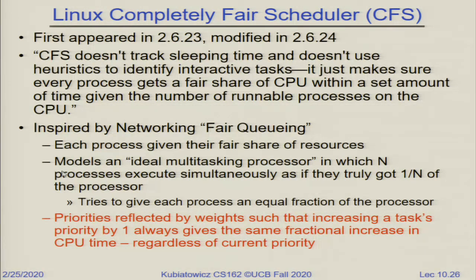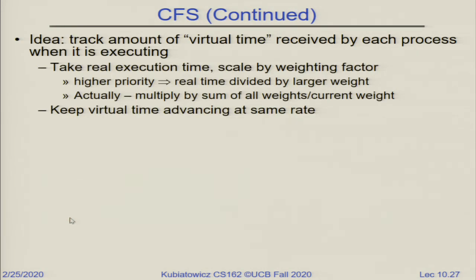So trying to keep all the virtual times the same, I get to run twice as much. By adjusting these weights, I set who matters from a priority standpoint, and then they get completely fair queuing because we just keep these virtual times the same. And if you were to think about this, it has a lot of similarities to the way the lottery scheduler worked. They're both related to this fair queuing idea.